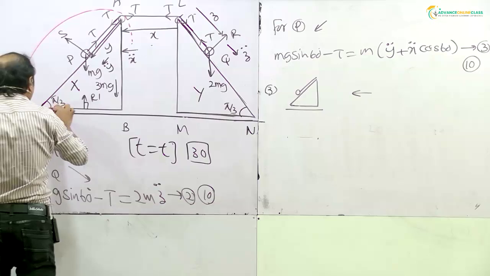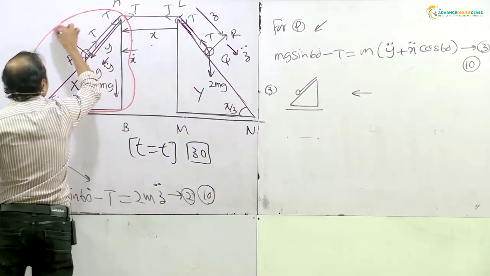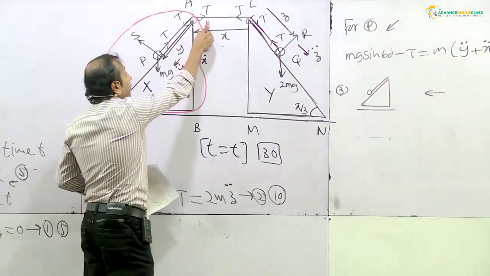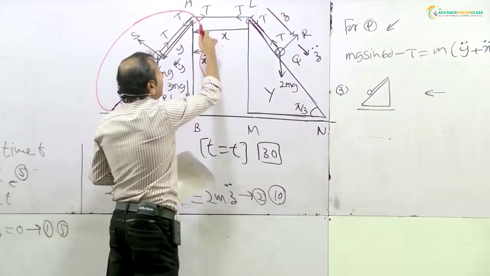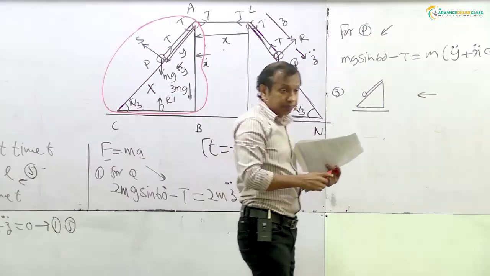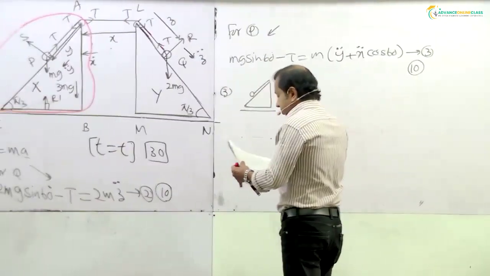Then what is the external force acting? This T, this and this are equal and opposite and cancel. The external force acting on the system is minus T, because we apply leftward.